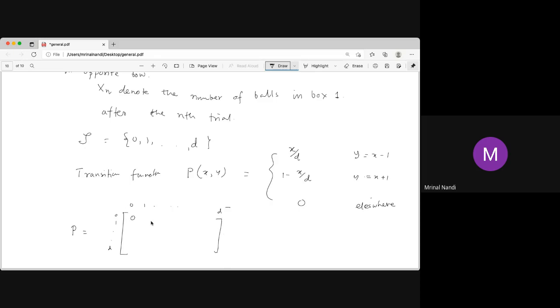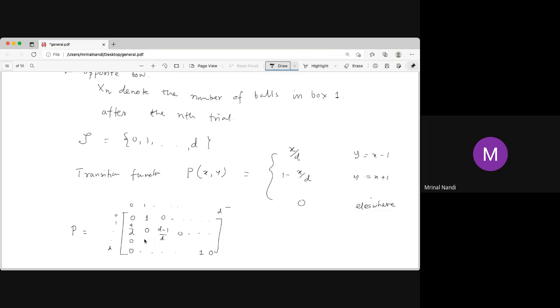Only these elements will be there, no other elements. 0 to 1 must be 1, 1 to 0 is 1 by d, 1 to 1 is 0, and 1 to 2 is d minus 1 by d, and the rest are zeros. Only two positive numbers in each row. In the first row there is only 1, and in the last row there is also only 1. From d to d minus 1 this is 1.